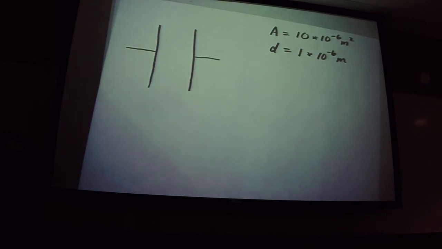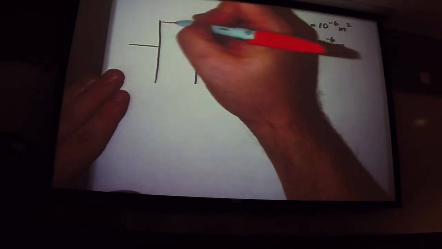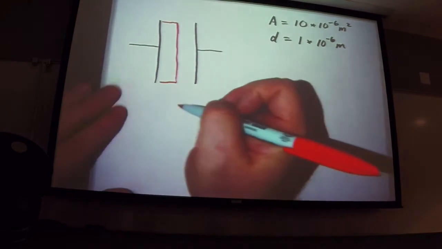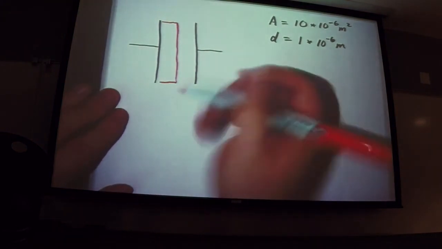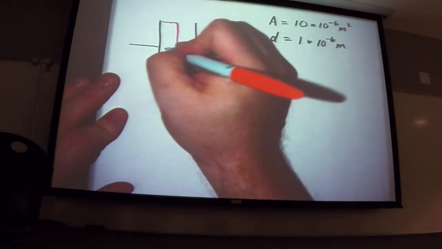And now I'm going to fill the capacitor. I like the 100 version of this better, where they give you the dielectric constant paper. So I'm going to fill this part of it with Teflon.